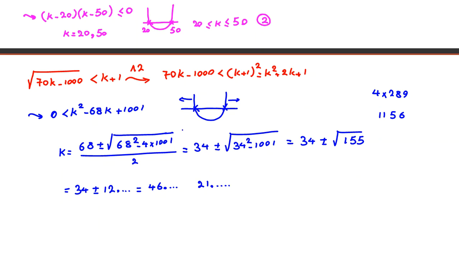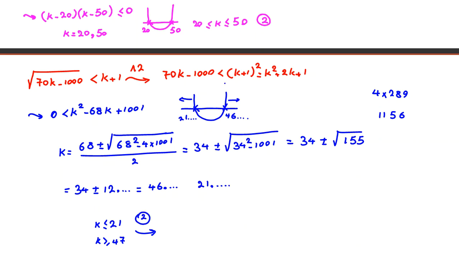So k is in the part below 21 point something, or 46 point something here. Because k is an integer, k is less than or equal to 21. When it is greater than 46 point something, k will be greater than or equal to 47. So what are the good cases?